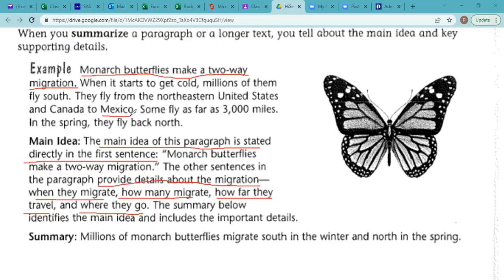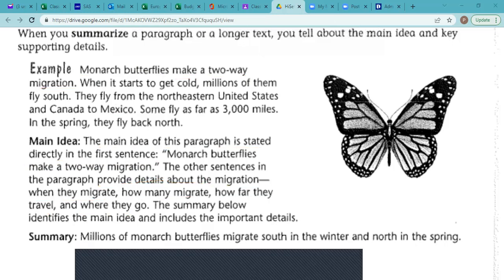So the summary below identifies the main idea and includes important details. So let's take a look at it. The summary and the main idea are slightly different. The main idea is one good sentence.